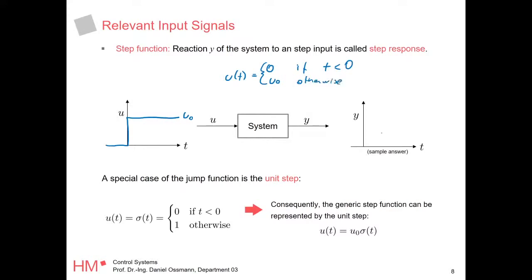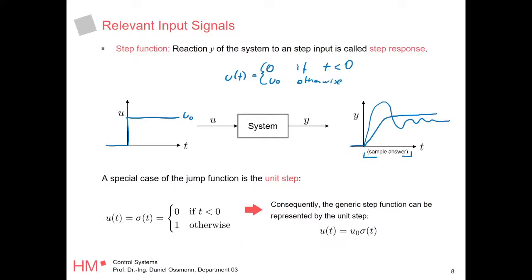The example with the car could look like you push the gas pedal and it runs up to a certain value. Think of our spring mass damper system. This will probably oscillate, so the answer could also look like this. So again, the answer depends on the system. This is why this is just a sample.